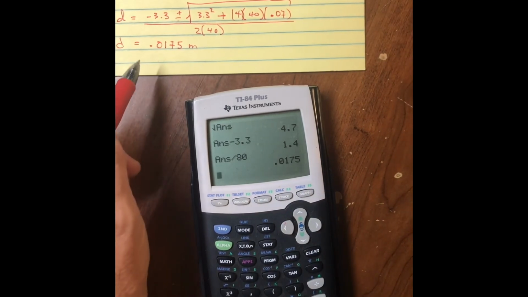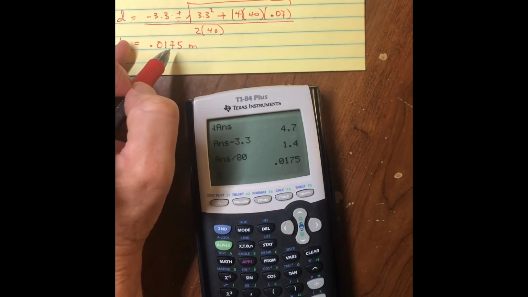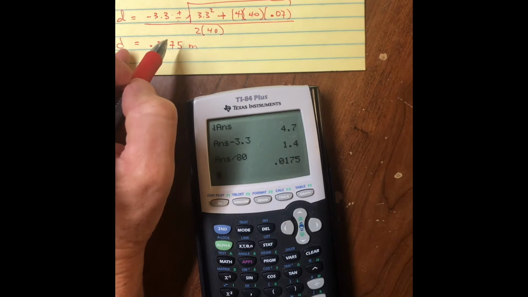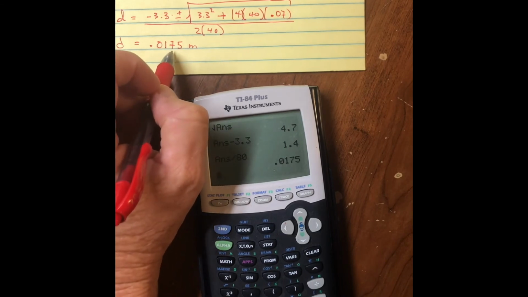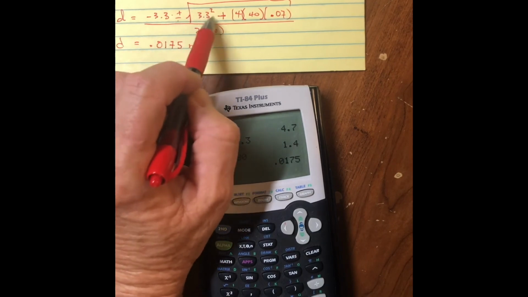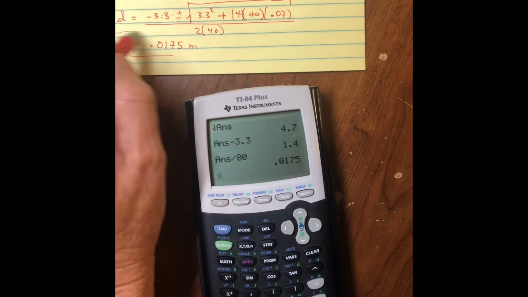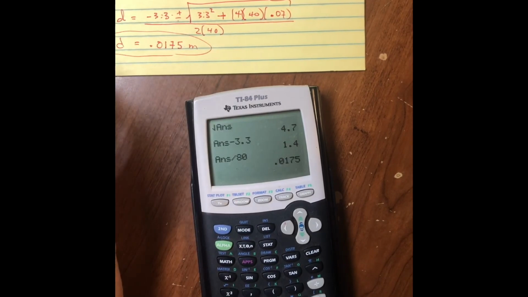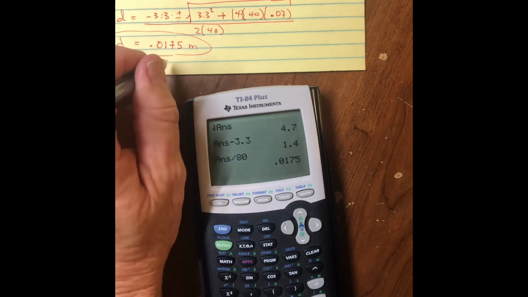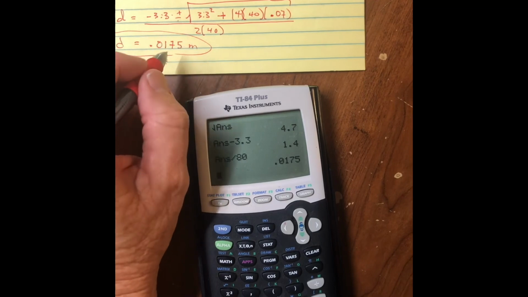And I'm a little wishing I had carried more decimal places at this point, because this is such a small number that this whole difference between here and here is significant. So I'm not sure how far to go with the significant figures, but oh, I know. I'll look up the answers here, and hopefully it's something close to that.